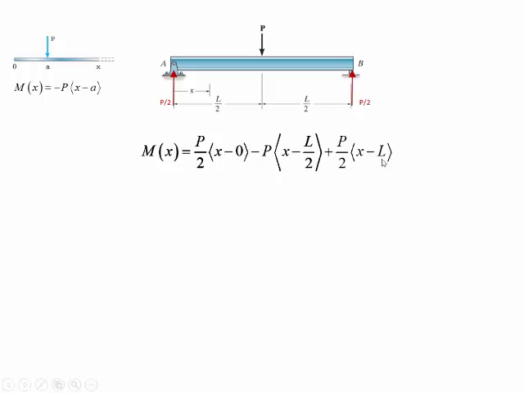And for the particular point where x is equal to L, it will cancel as well, because it will be L minus L. So we can actually ignore the last term.